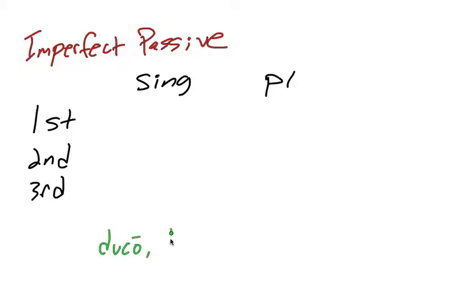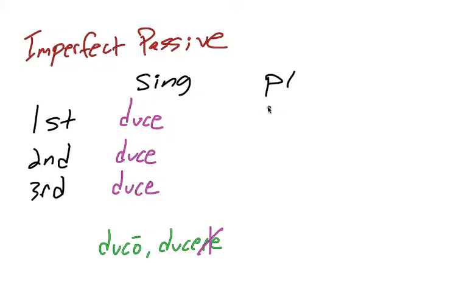So duco, ducere. And then we're going to take away the RE from the infinitive to get the stem. And the passive of third conjugation, imperfect passive, is also very easy. We're just going to exchange our active endings, m, s, t, mus, tis, nt, for passive endings, r, ris, tur, mur, mini, ntur. And since this is imperfect, we're going to add our tense sign, BA.